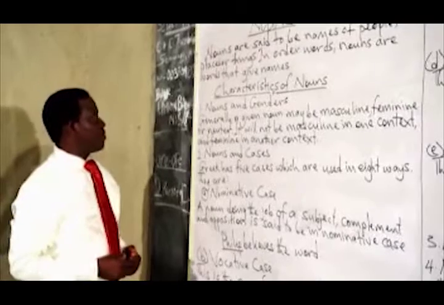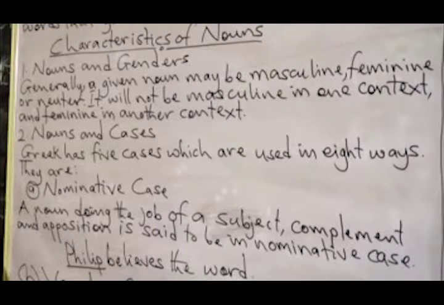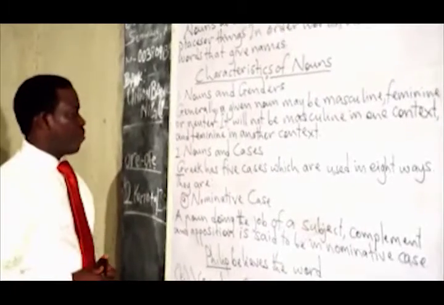Characteristics of nouns. Number 1, nouns and genders. Generally, a given noun may be masculine, feminine, or neuter. It will not be masculine in one context and feminine in another context. It will always remain in its gender.